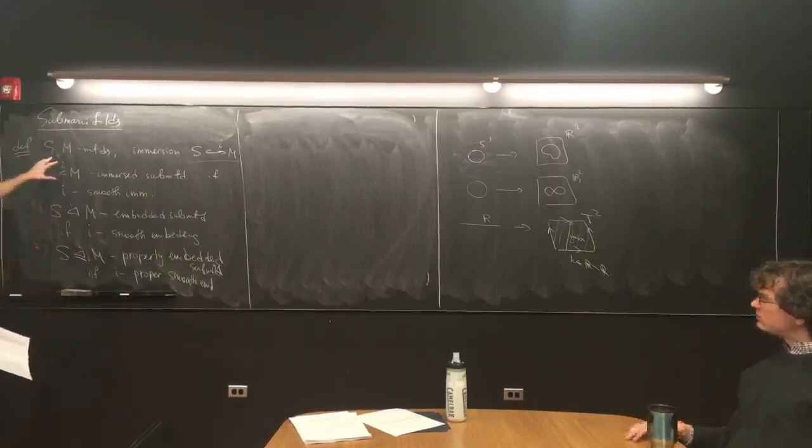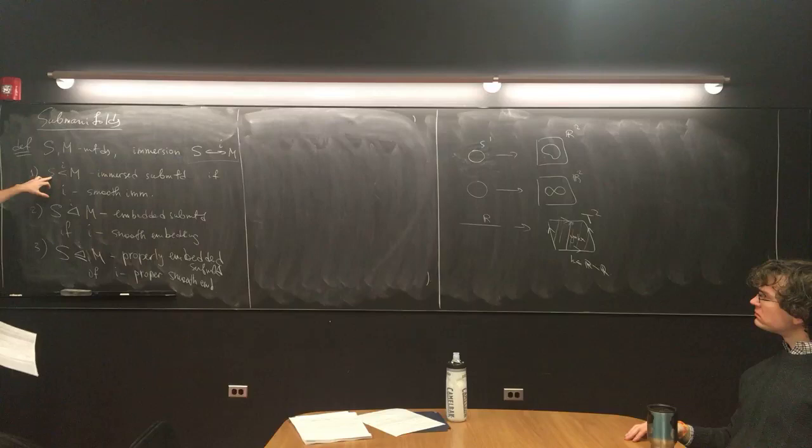Notice that I never said that S is a subset of M, right? It could be a totally separate manifold. But in most cases where you use these definitions, it is actually a subset. So if S is a subset of M, then I is just by default taken to be the inclusion map, right? And not just some arbitrary immersion.